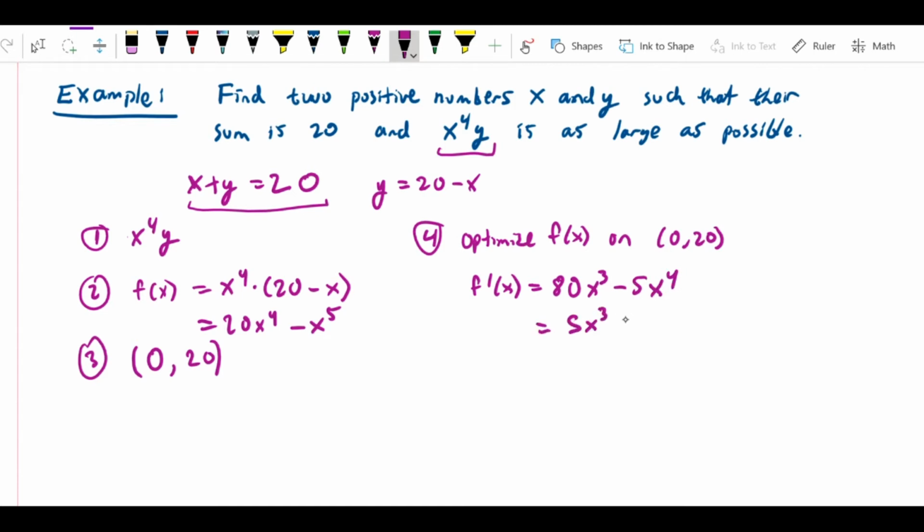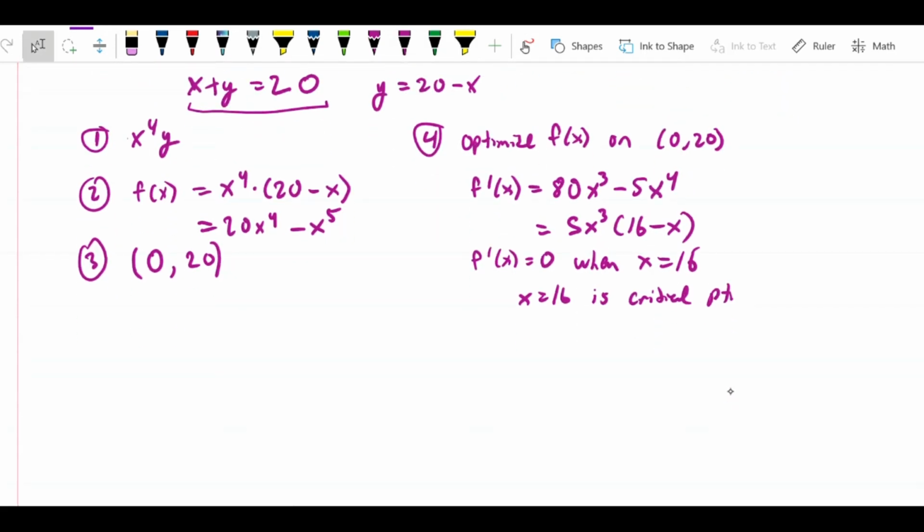That equals 5x cubed times 16 minus x when I factor it. We can see this is defined everywhere. We find the critical number, f prime of x equals 0, when x equals 16. So x equals 16 is a critical point.